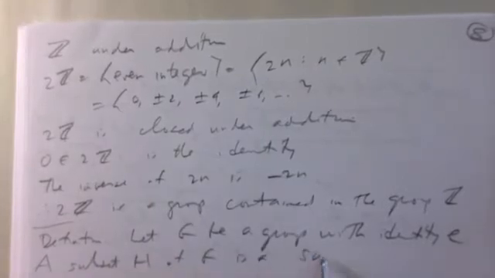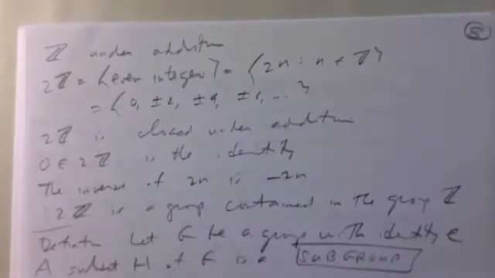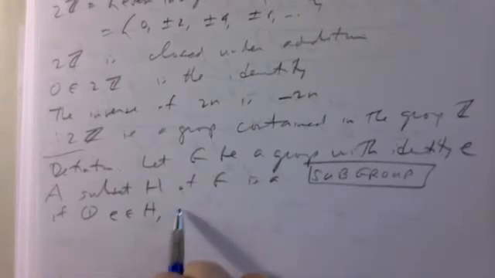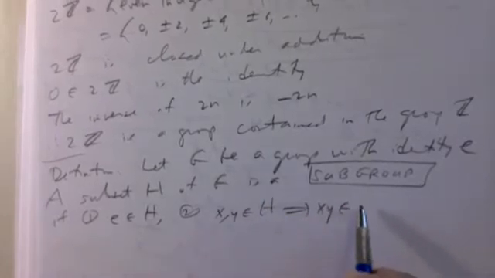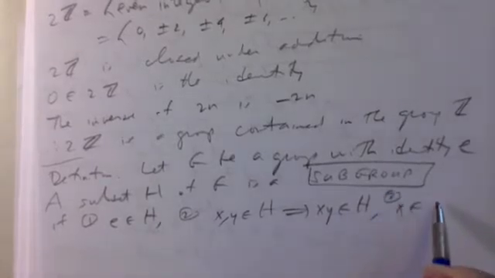The subset H of G is a subgroup if it satisfies the following three properties. It contains the identity element of the group. If you have two elements in the subgroup, their product is in the subgroup. And whenever x is in the subgroup, its inverse is also in the subgroup.